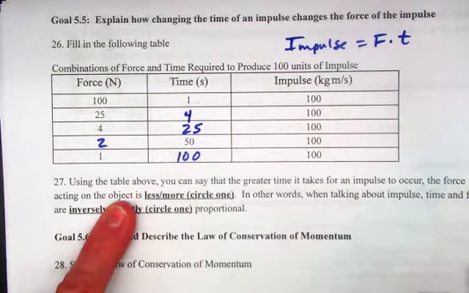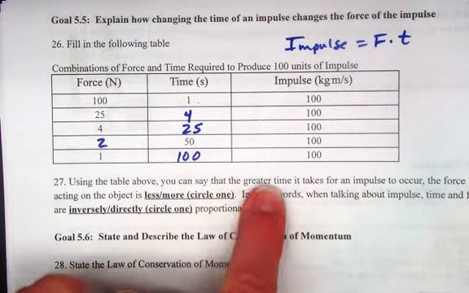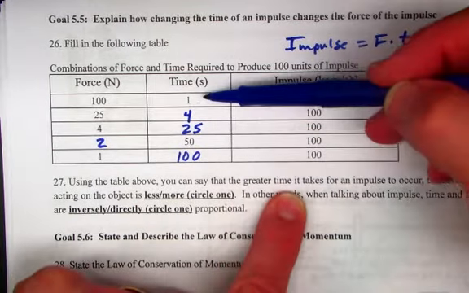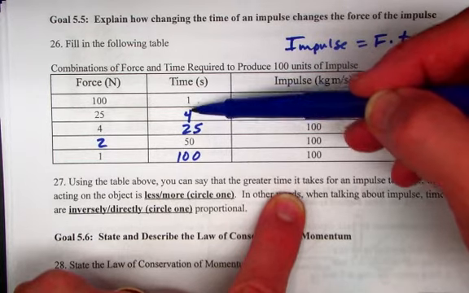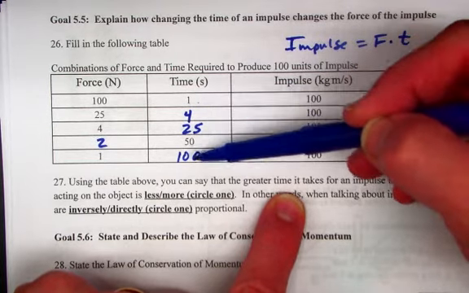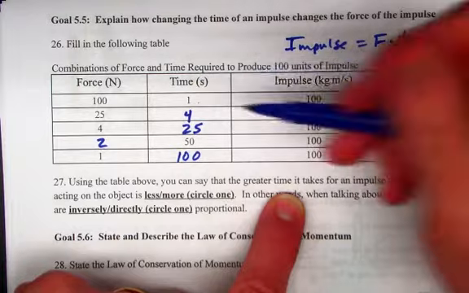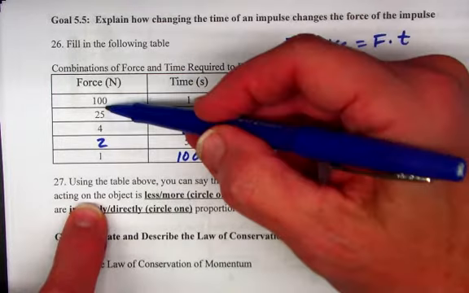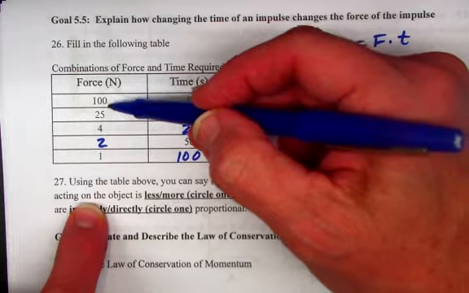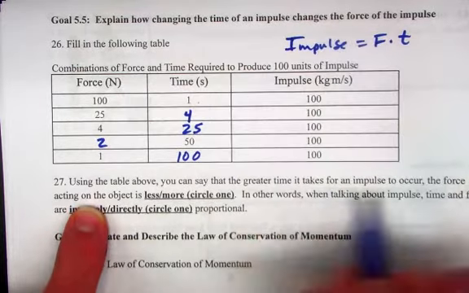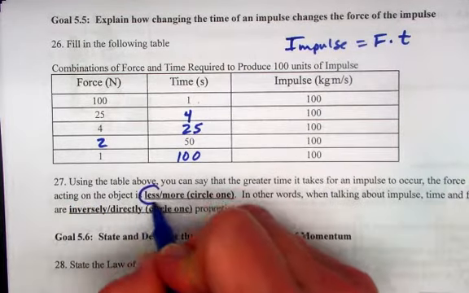So using the table above, you can say the greater time it takes for an impulse to occur. When we look down the column, greater times, 1, 4, 25, 50, 100, they want to know what happens to the force. As the time increases, the force goes down. So the force acting on the object is less.